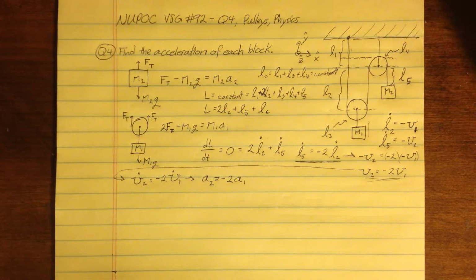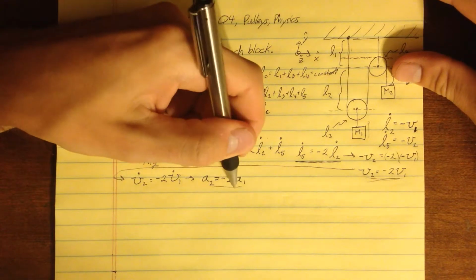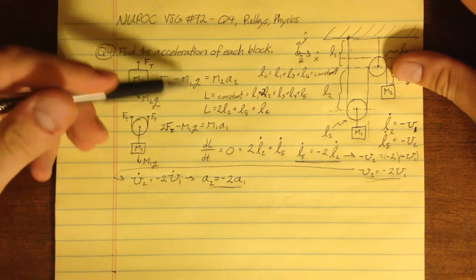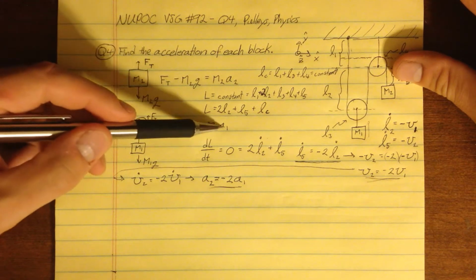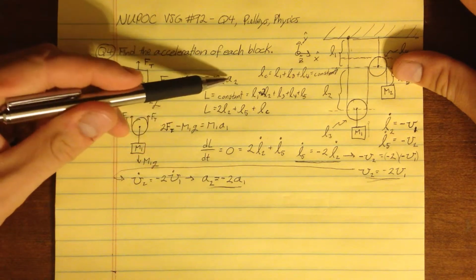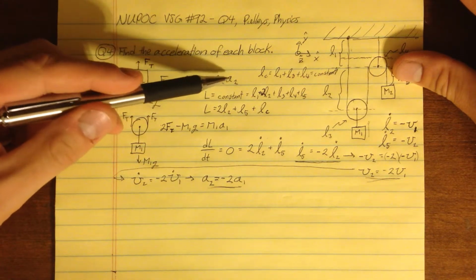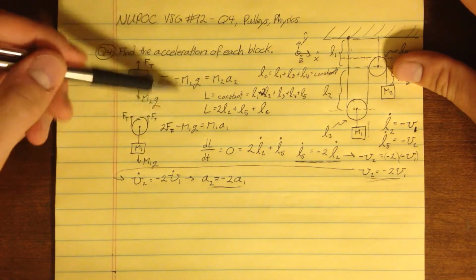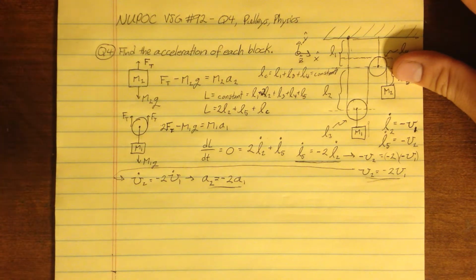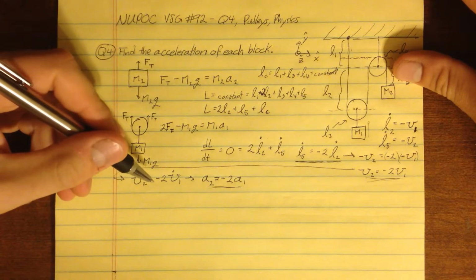So what we can do is take this relationship and sub it into these two equations. We already have a1 in this equation, so we can sub in minus 2 a1 for a2 here, and now we'll have two equations that are both in terms of a1 and Ft, so we can solve for Ft.